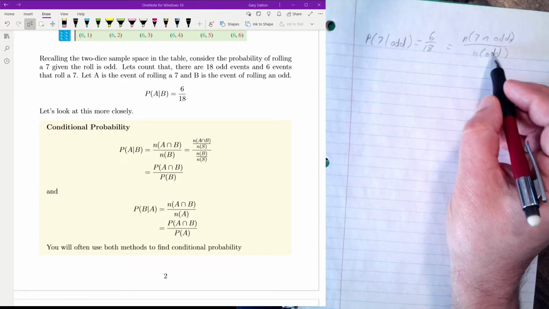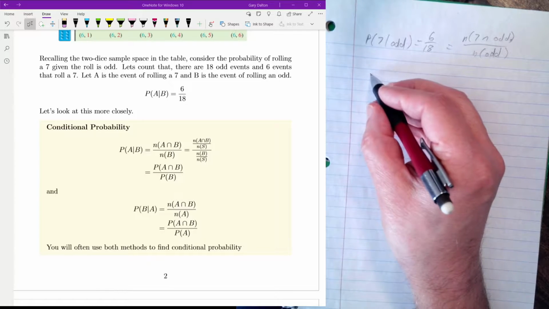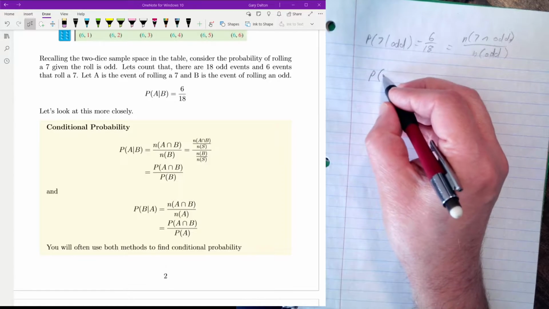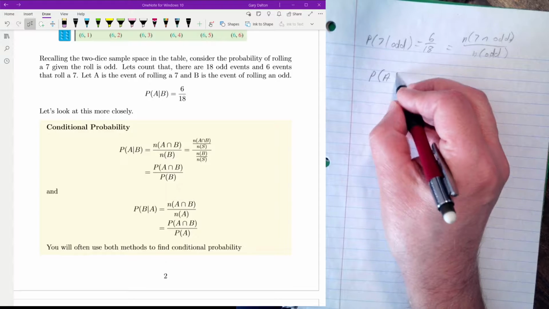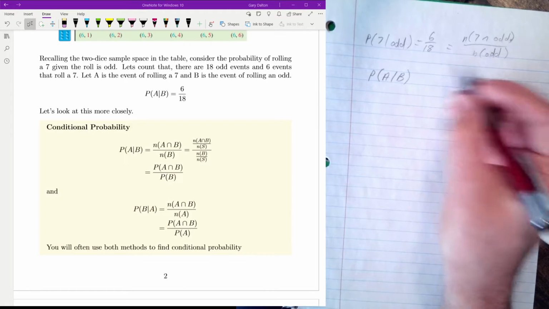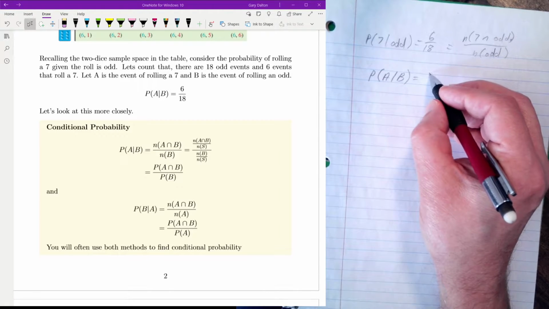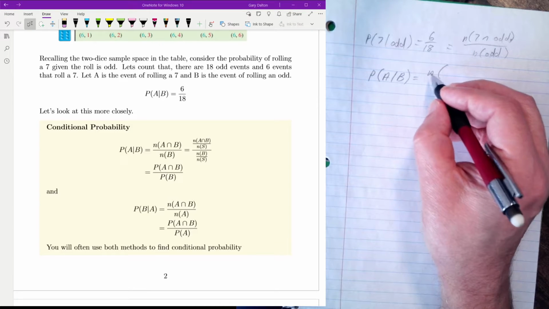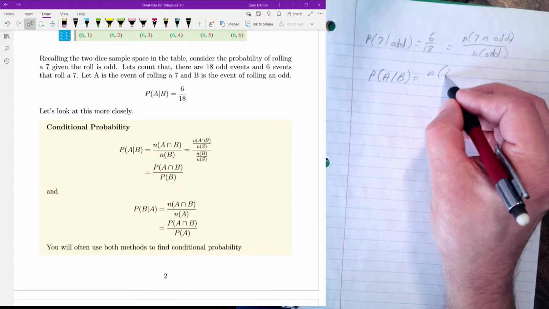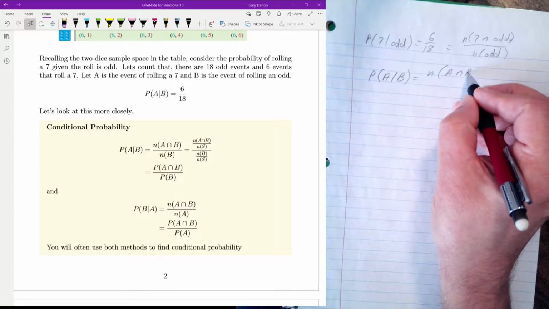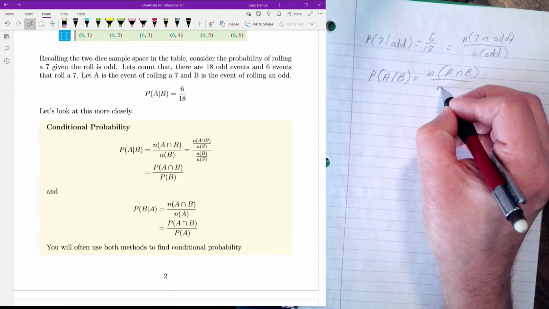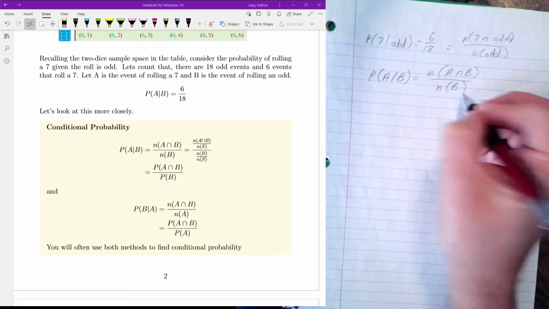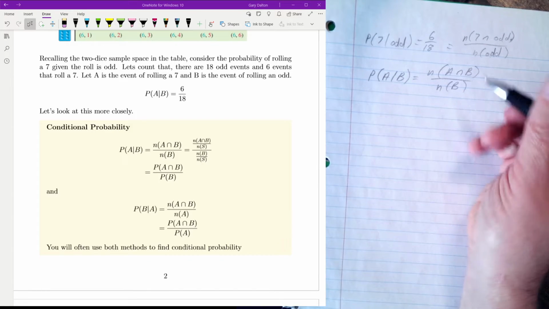Okay, so this is our formula. Let's make it more general: the probability of A given B is equal to n of A intersect B divided by n of B. This is absolutely true.